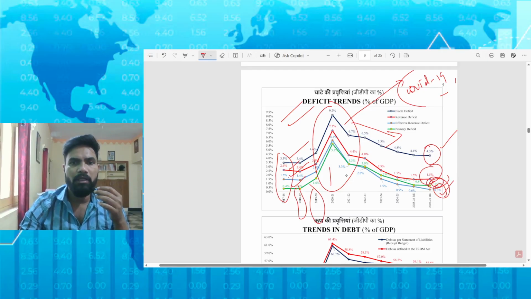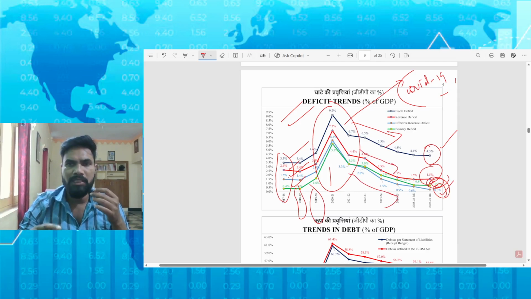So, if at all there is a question, what is happening to these deficits after COVID? There is a decline, but the decline is not uniform. That is how you might have to assess these curves and graphs.